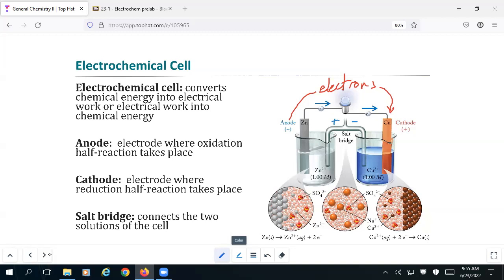And what happens is the salt bridge is going to act in such a way as to try to balance the charges that are coming in. So all the electrons are going into the cathode. Well, the salt bridge is going to contribute some positive ions into the copper solution so that it doesn't get too negative in there.